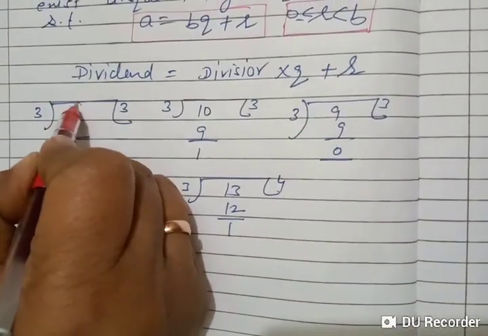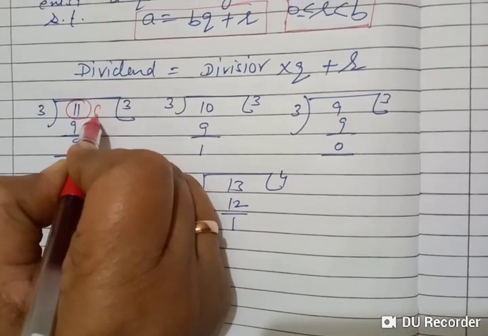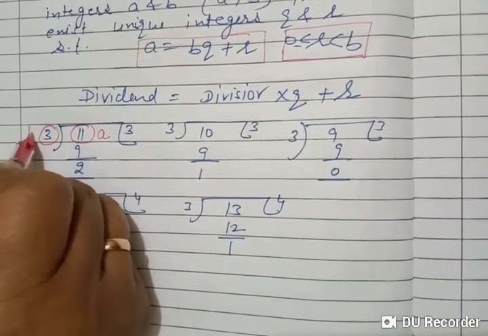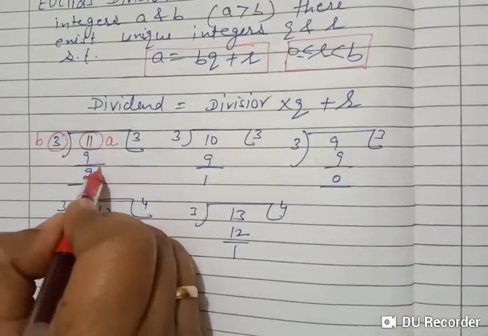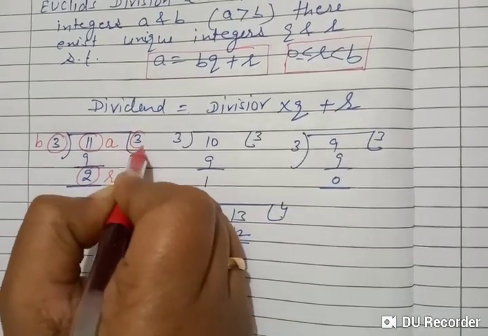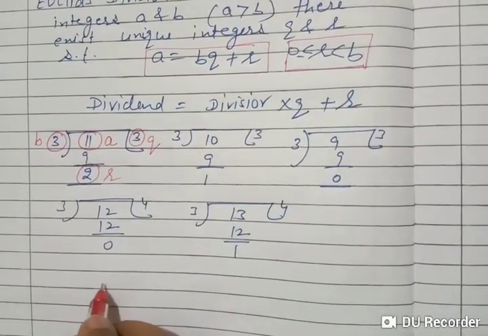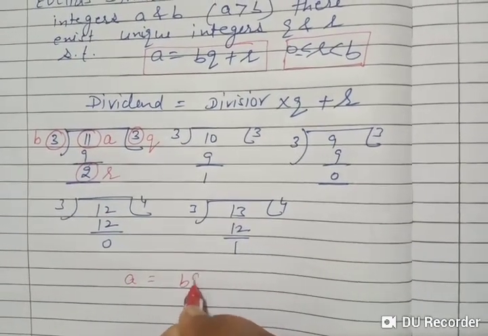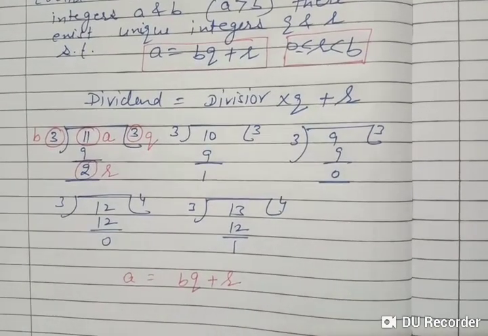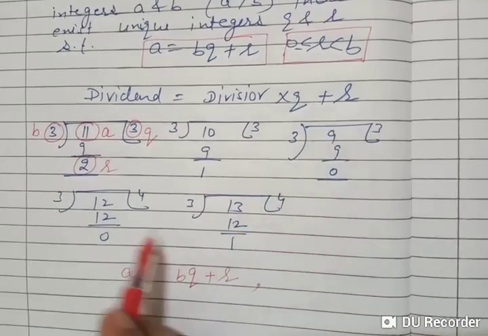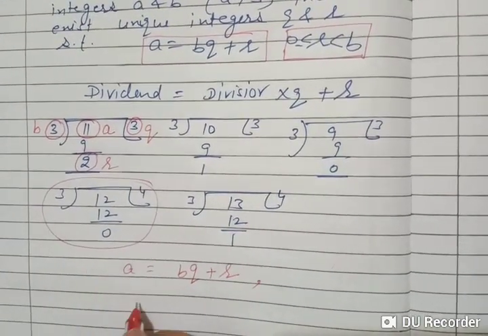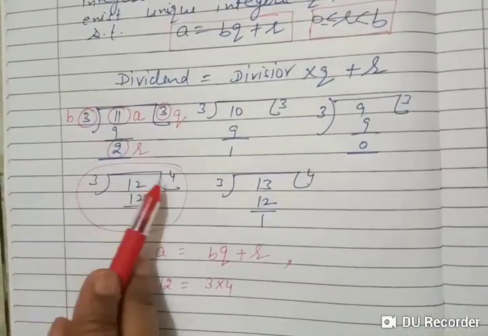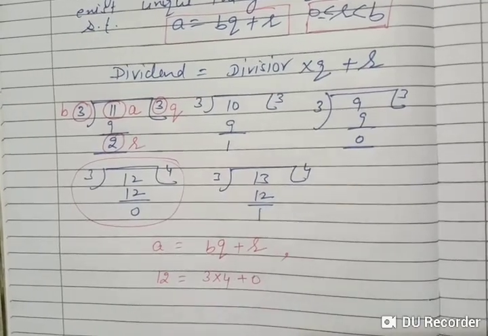Here, this thing, as you know, is known as dividend. We'll consider this as A, and the divisor which divides this we'll take as B, the remainder as R, and the quotient as Q. So dividend is A, divisor is B, quotient is Q, and remainder is R. Now I want to tell you the condition for this R. Take this example: 12 can be written as 3 multiplied by 4. 3 is the divisor, 4 is the quotient, and 0 is the remainder.